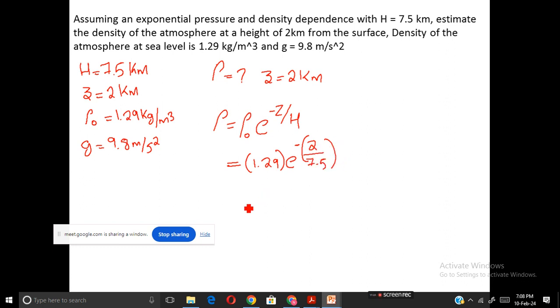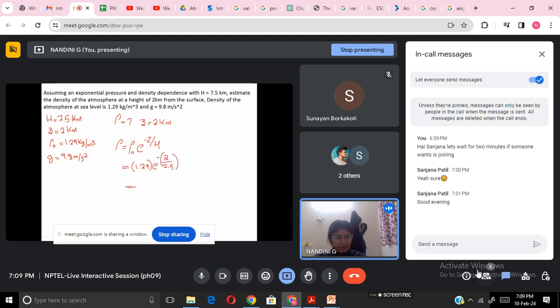So you can just write 2 by 7.5, which will give you a value of, can you calculate and tell me. If you got the answer, you can put it in the chat box also.